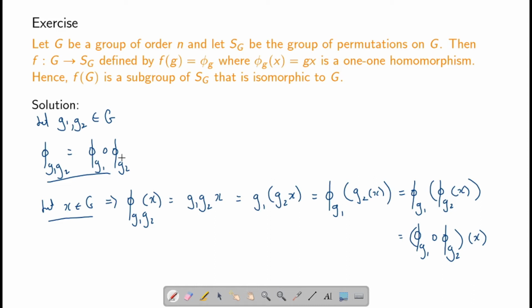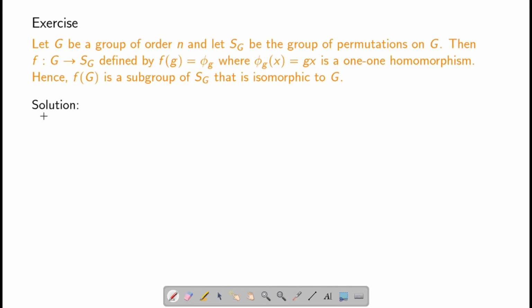Next we need to show that f is 1-1. So suppose f of g1 is equal to f of g2. What does this mean? This means that phi_{g1} is equal to phi_{g2}. So a very simple way of proving that g1 is equal to g2 is to look at the image of the identity element on both sides.